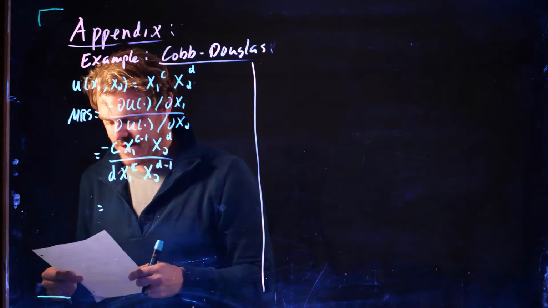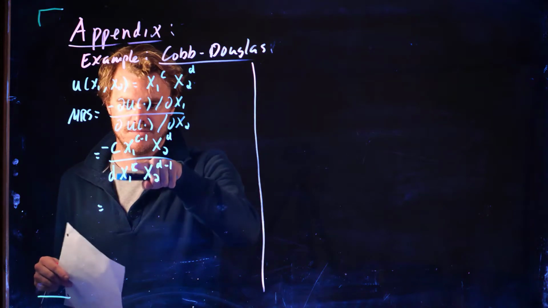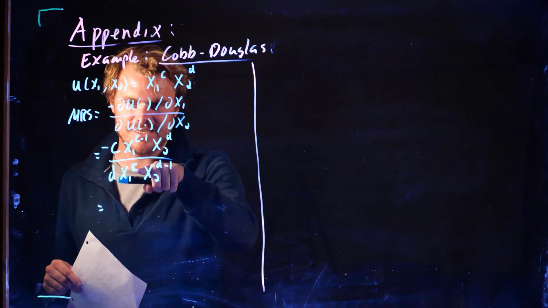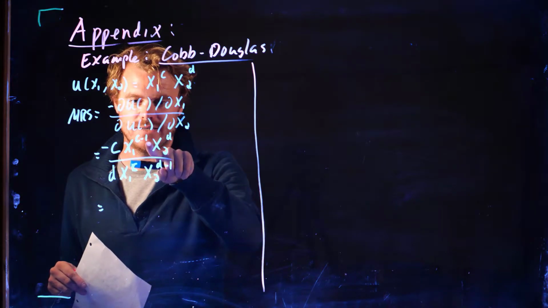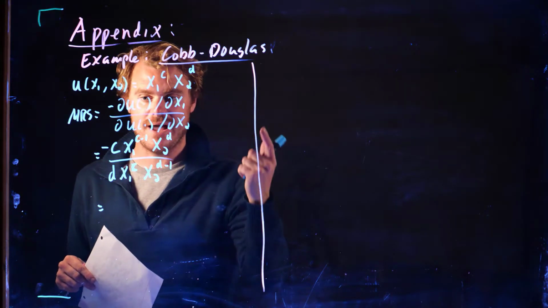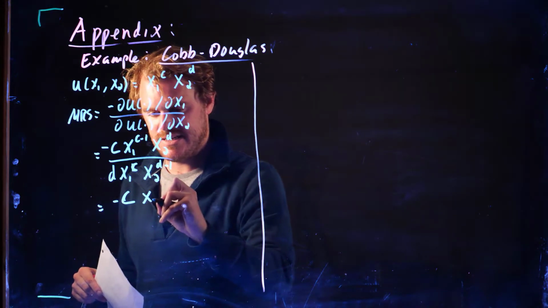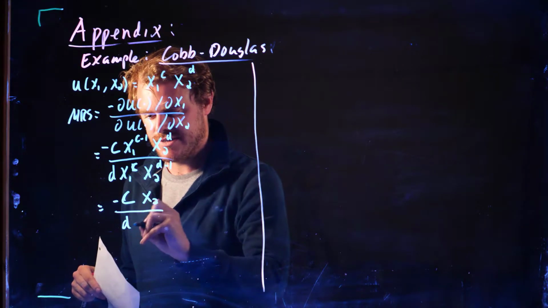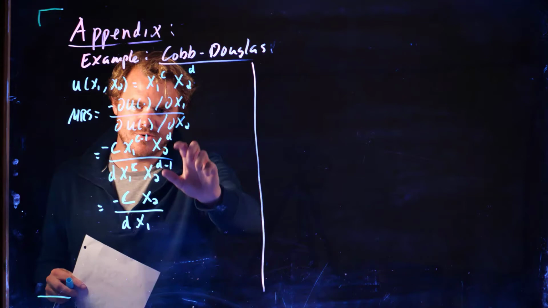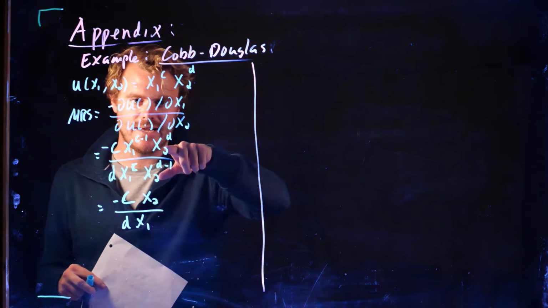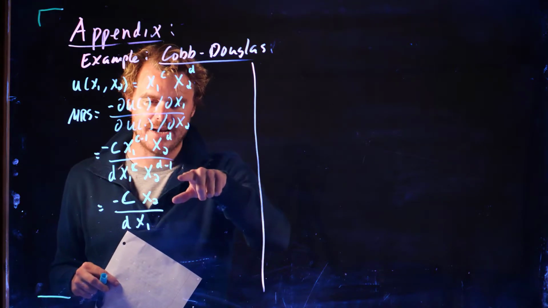We can simplify this. x1 to the c is in the denominator, so we can subtract the exponents. So it's x1 to the c minus 1 minus c, which is a minus 1. And so we end up getting minus c x2 over d x1. You have to play around with those exponents, right? We're dividing x2 to the power of d by x2 to the d minus 1.